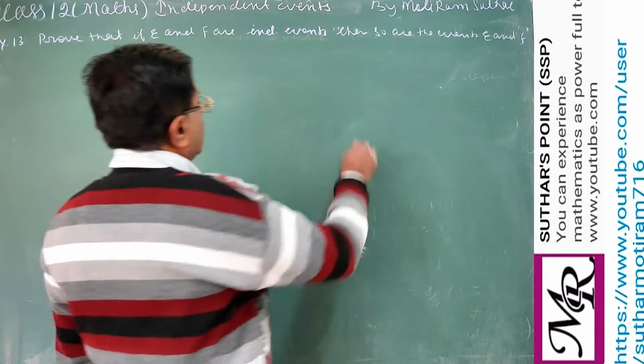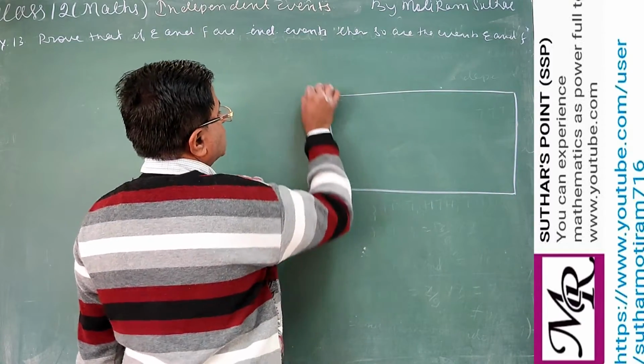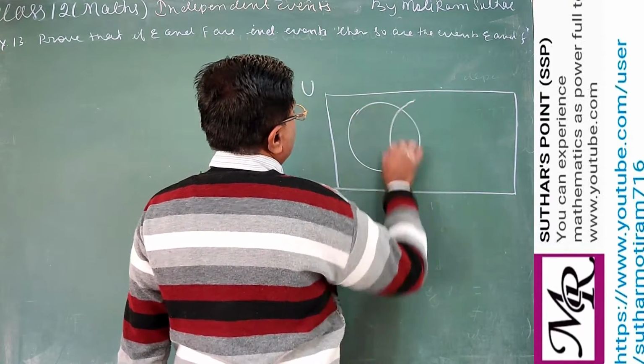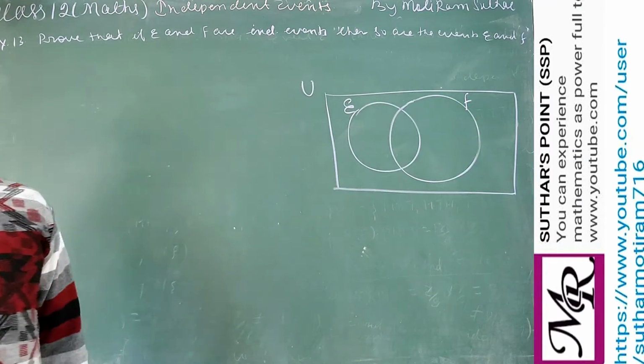For that we draw the Venn diagram as you saw in 11th class. This is the universal set U, and we take two subsets of this, E and F, as usual.